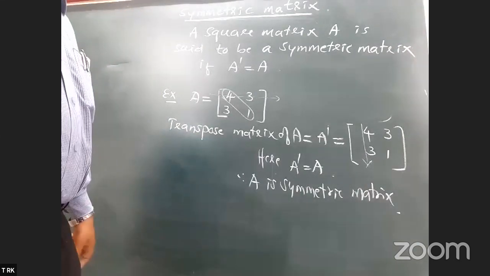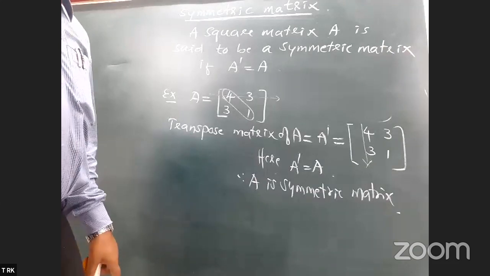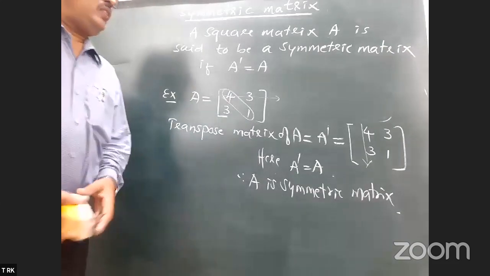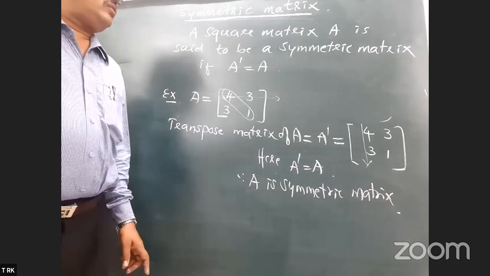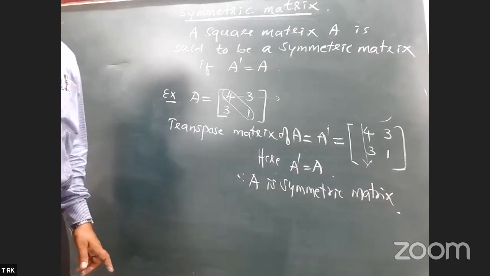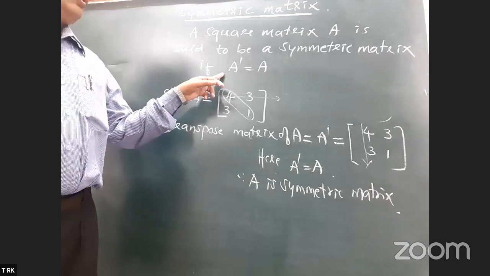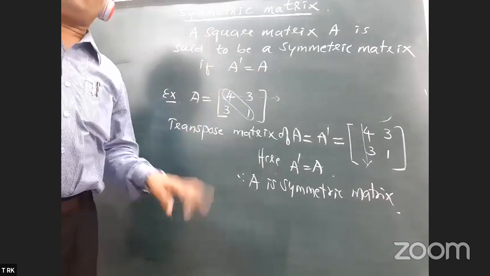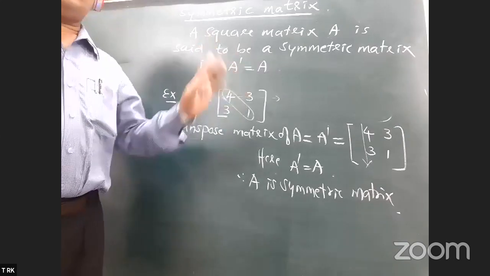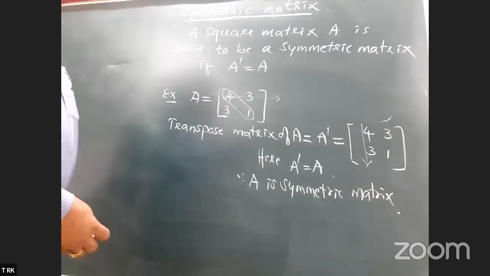Next one, the skew symmetric variety. In that case, once again, A must be a square matrix. After that, A dash is equal to minus A. In case of skew symmetric, A dash is equal to minus A.